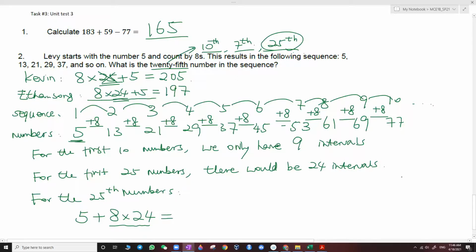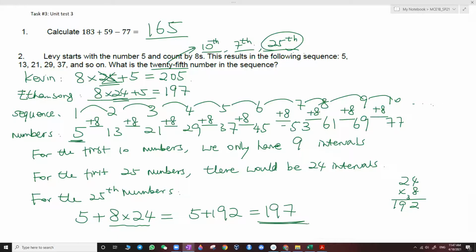So that would be 24 times 8. 4 times 8 is 32. 2 times 8 is 16. 192. 5 plus 192 equals 197. Okay, I have 197. How many of you got it right? Yeah, Ethan Song, very good.